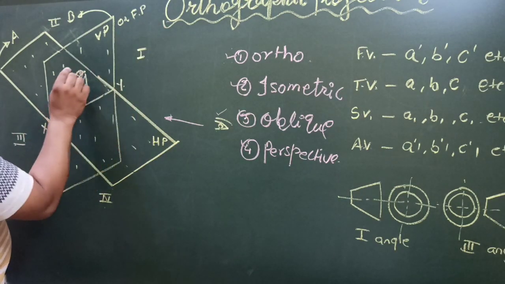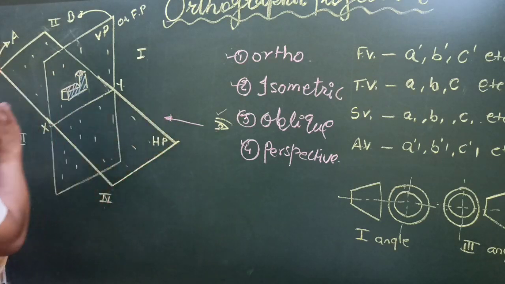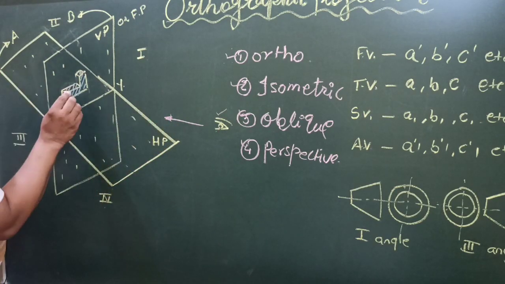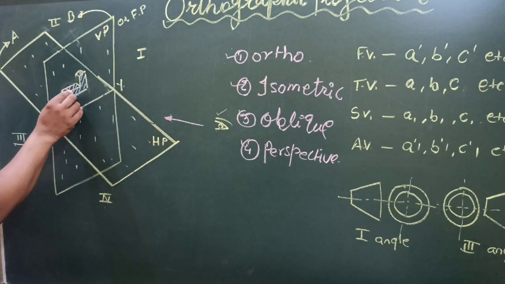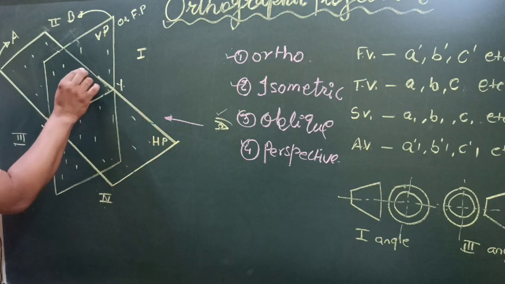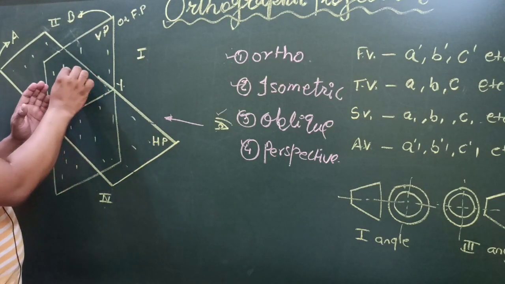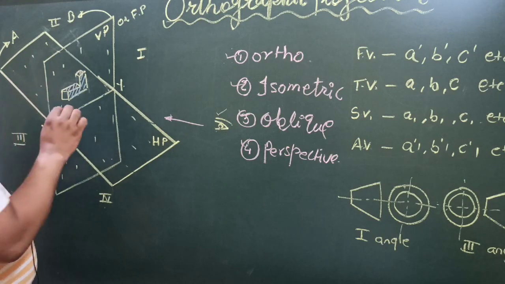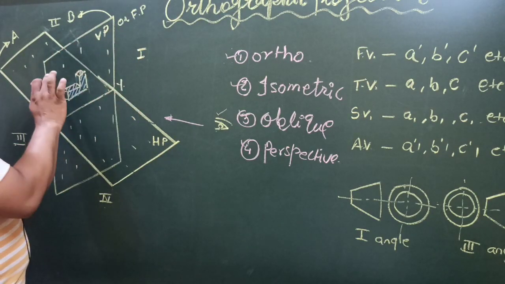Now consider that this is an object in the first quadrant and the observer is looking from this side. What will happen? The rays of light coming out of the observer's eye strike the contour of the object, and if we extend them up to the planes, they strike the planes and cut them at some particular points.